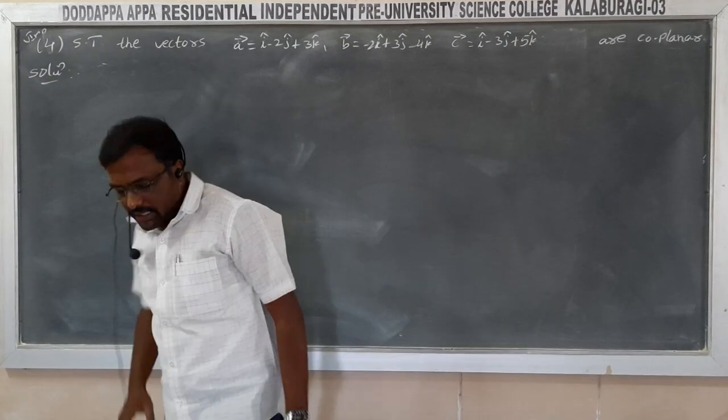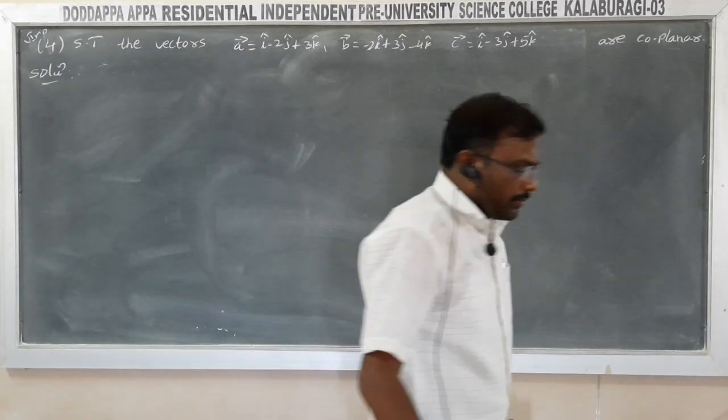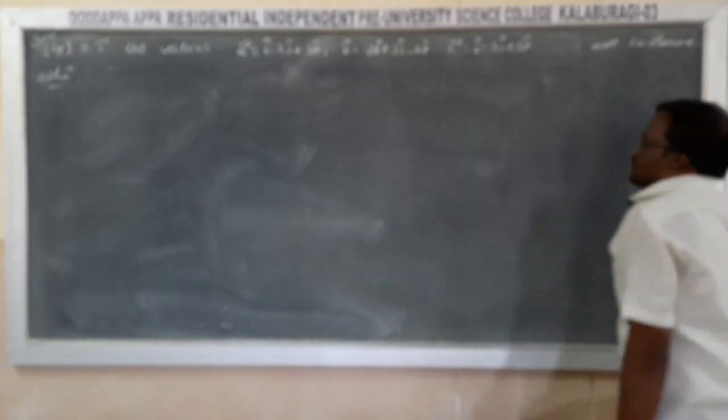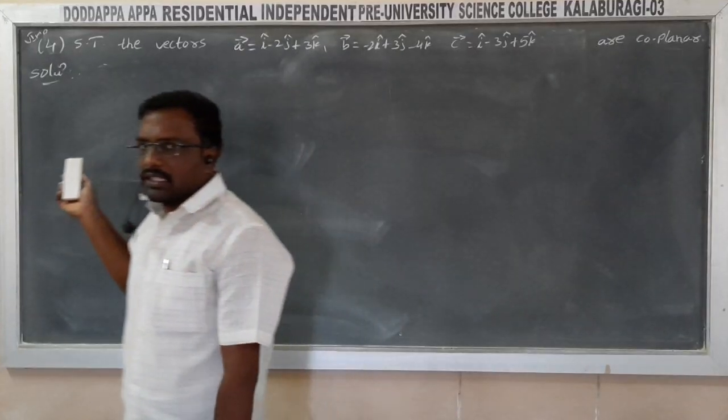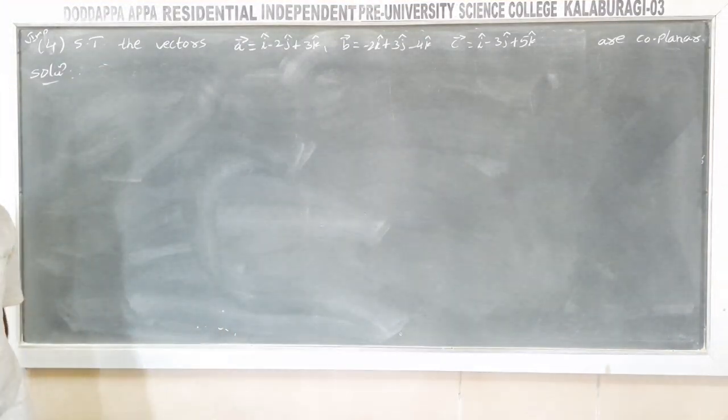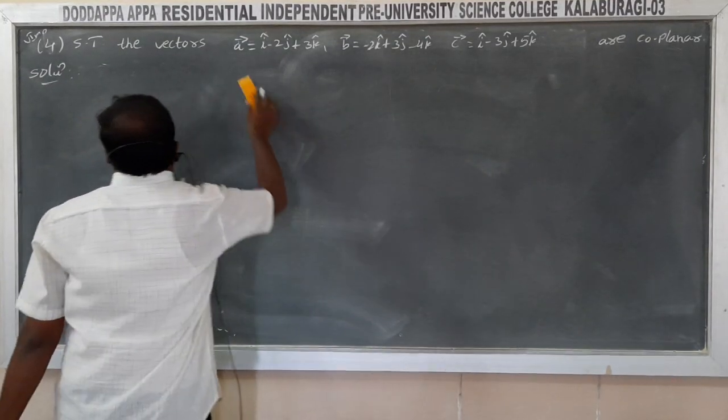Same method is there, so you can try this problem. So as usual method, so you can find out vector A dot of vector B cross vector C is equal to 0, then it is coplanar. Okay.